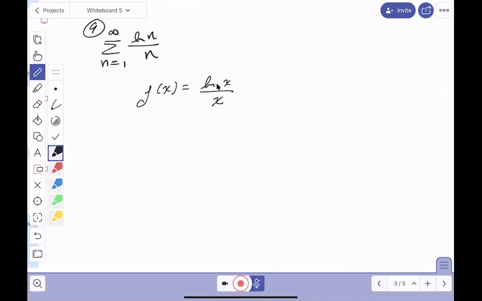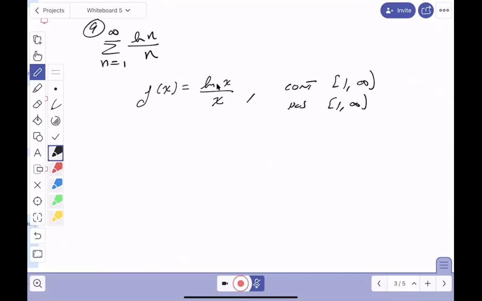So I'm going to go through it with you. I definitely want to say that this is continuous on the interval from 1 to infinity. Now, is it positive? I'm going to claim it's positive from 1 to infinity. If you think about it, the number on the bottom is always a positive number, 1 to infinity.